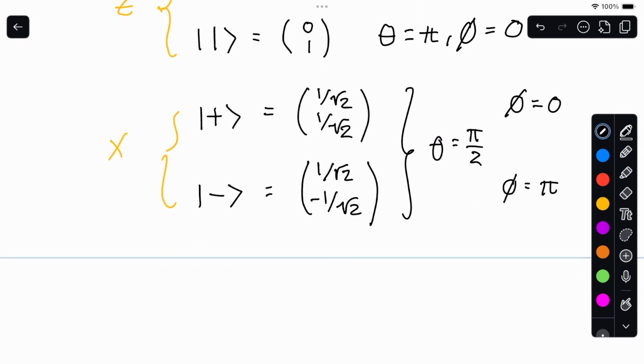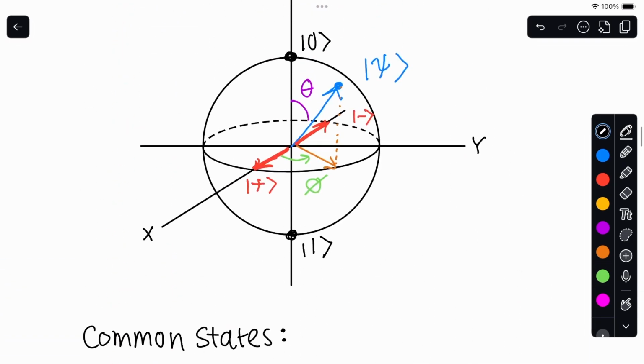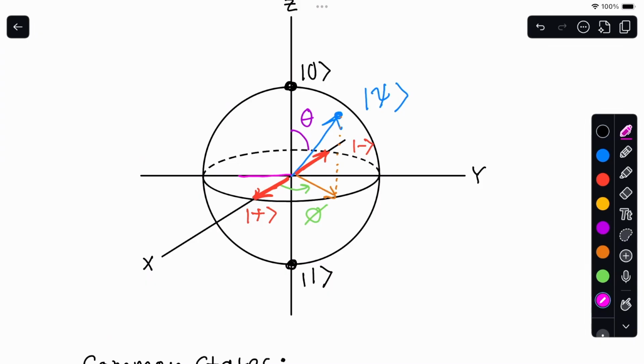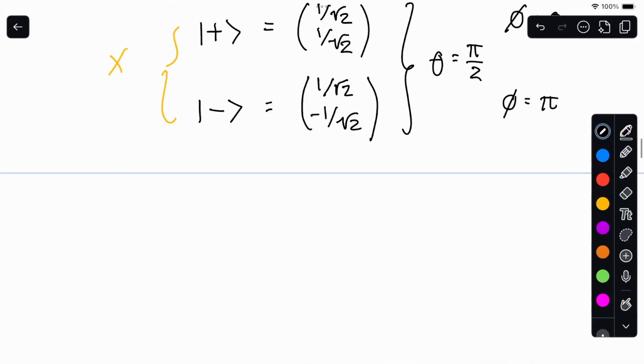We can also consider the states that lie along the y-axis. That would be these ones here. And we call these plus i and minus i. And again, we can express these pretty straightforwardly.